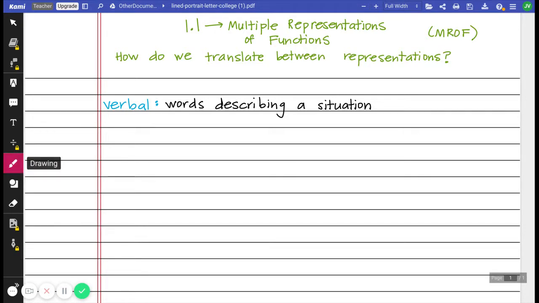The next model is the algebraic model. The algebraic model is the equation with variables and equal signs and things like that, right? The equation will tell us something.